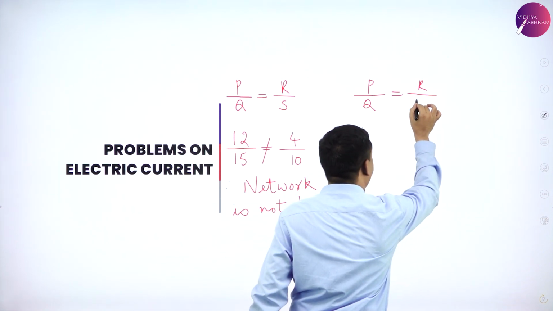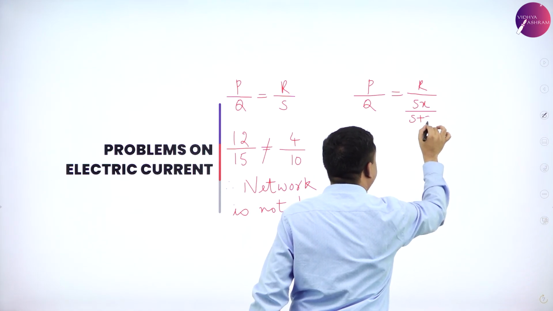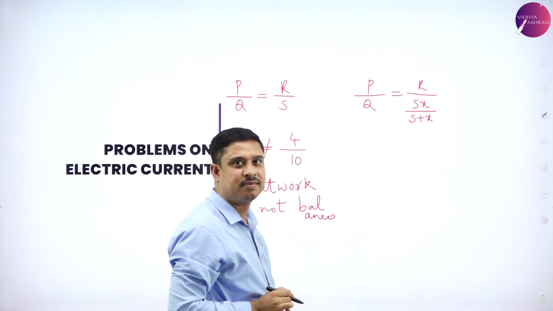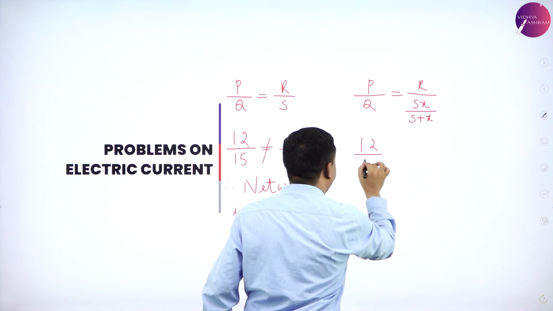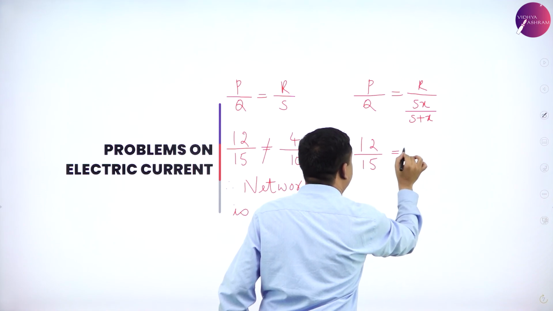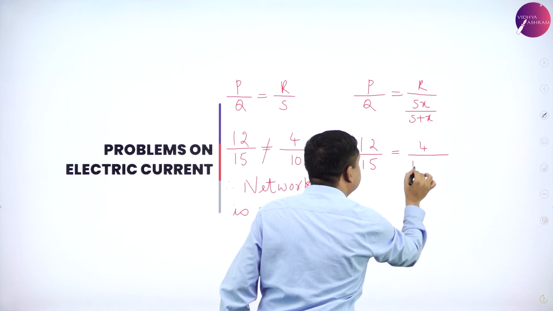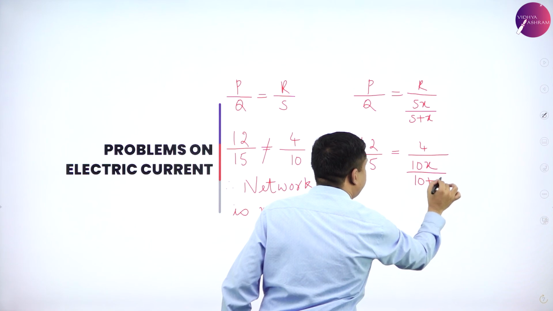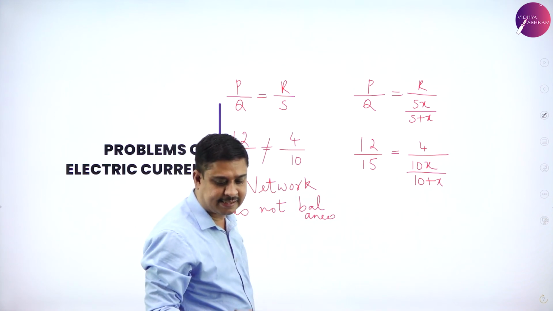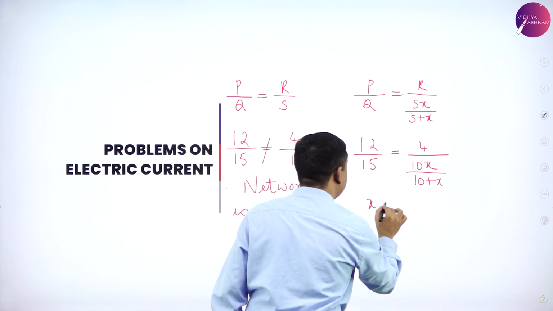S times X divided by S plus X. Now substitute. 12 by 15 equals 4 times S plus X by 10X. So when you substitute for X here, X turns out to be 10 ohms.